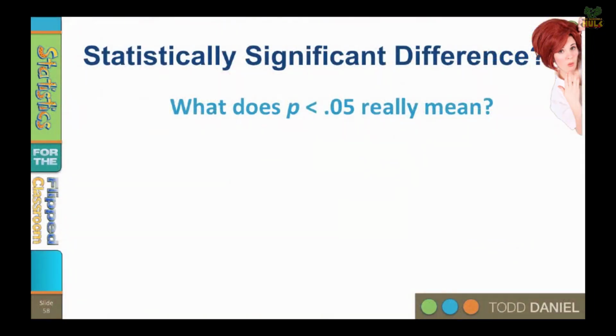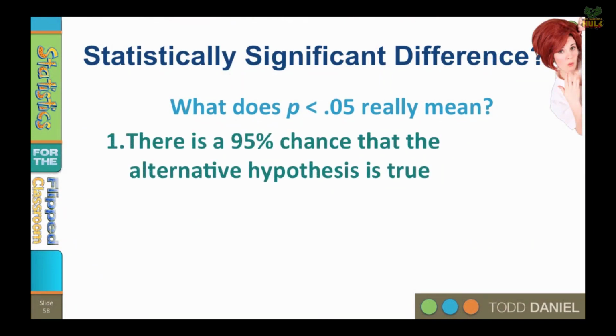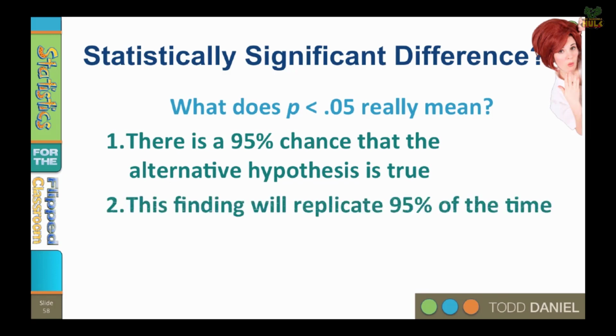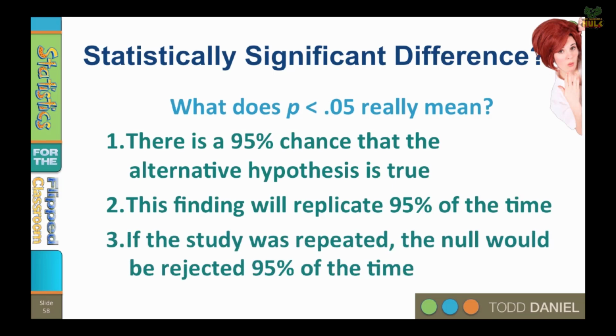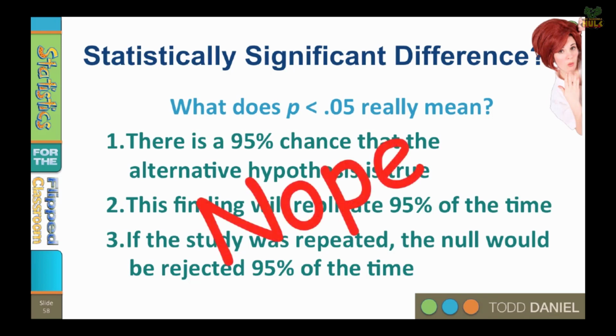When you find a statistically significant difference, does that mean that there is a 95% chance that the alternative hypothesis is true? Or that this finding will replicate 95% of the time? Or that if the study was repeated, the null hypothesis would be rejected 95% of the time? No. It means none of those things.